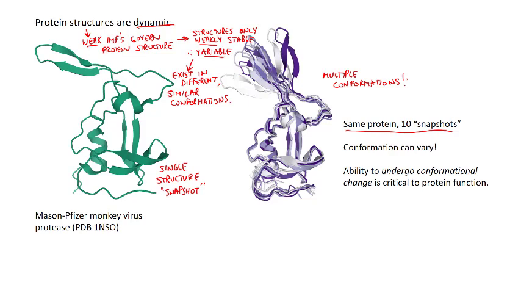So if you look at the secondary structure, it's pretty much the same between all of the different protein structures. What's different is the orientation of everything. So you'll notice that, for example, this small beta sheet up on the top, it's connected by these two loops to the rest of the molecule. And you'll notice that it can kind of flop around a bit, right?